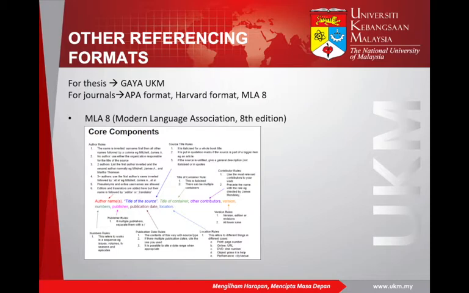For MLA, you need to put double quotation marks. And then you have the title of container, other contributors, comma, version, which is the edition of the book, comma, numbers, which are the issue and volume numbers, comma, publisher, comma, publication date, comma, location.